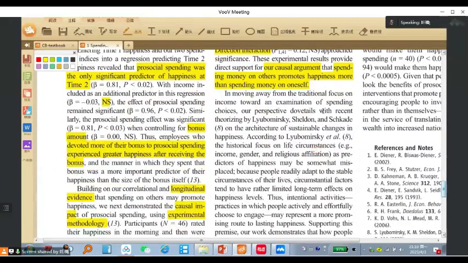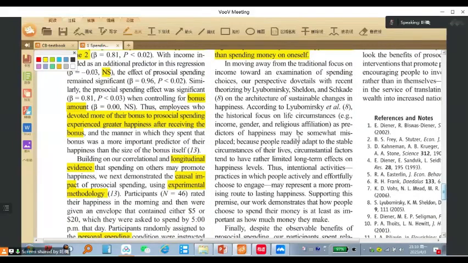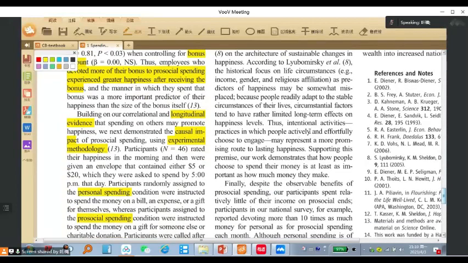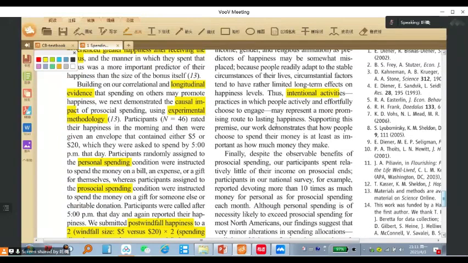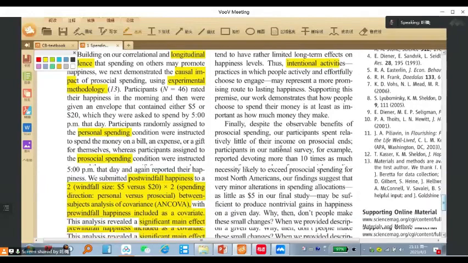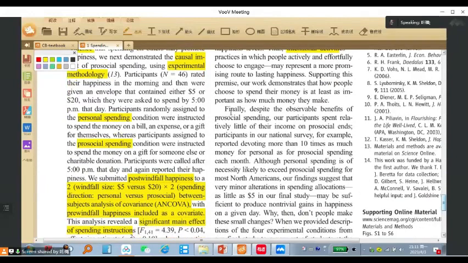But till now, it's not finished. The authors have more investigations. Intentional activities may represent a more promising route. Despite the observable benefits of pro-social spending, our participants spend relatively little on pro-social ends.